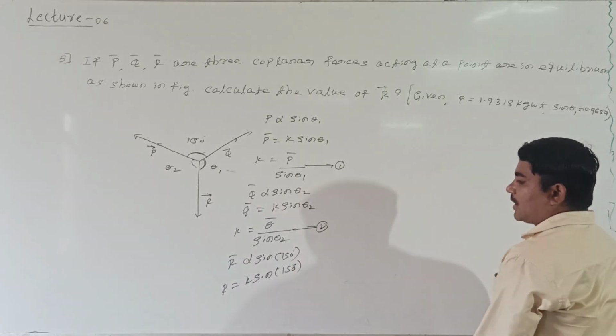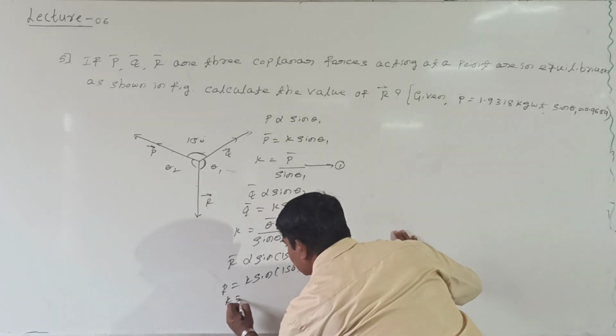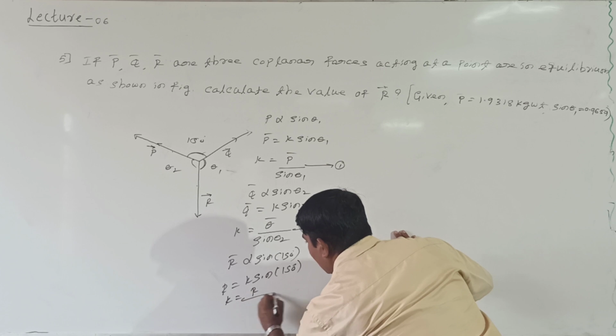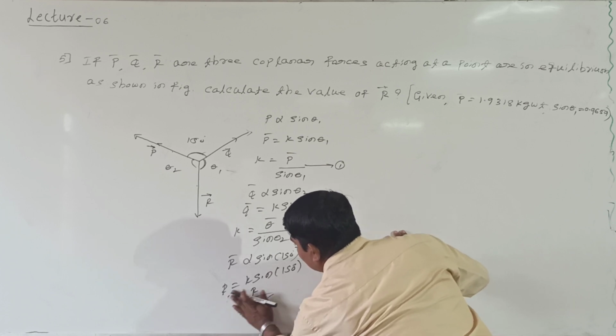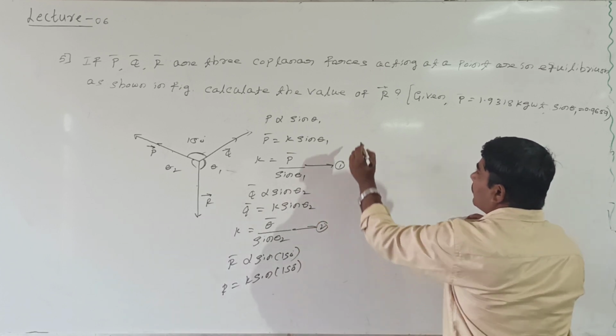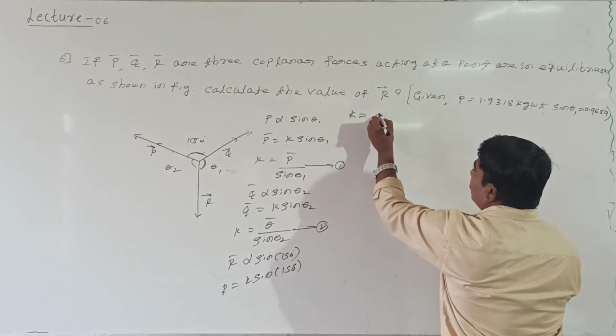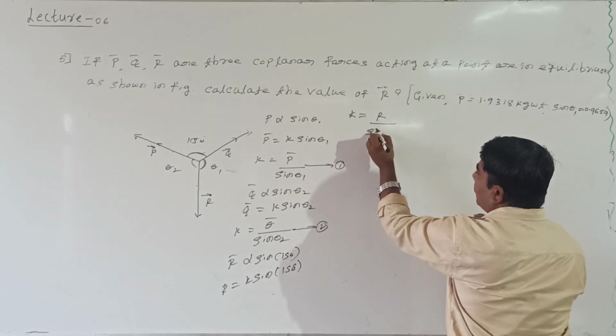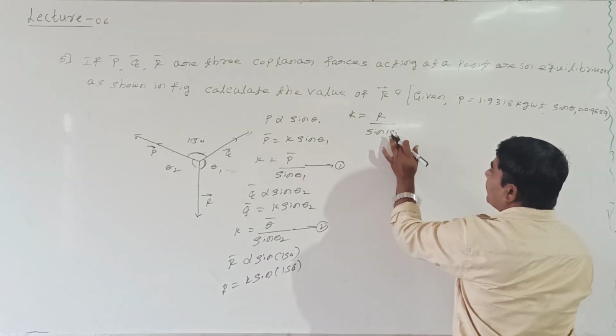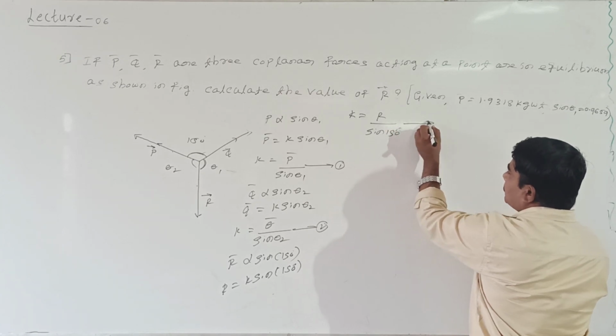Again, K equals R divided by sine 150. Let us call this equation number 3.